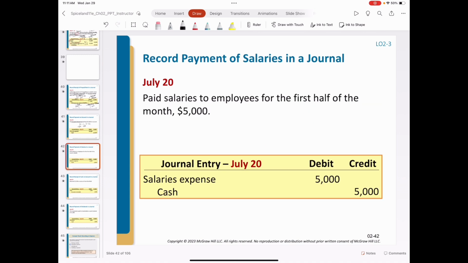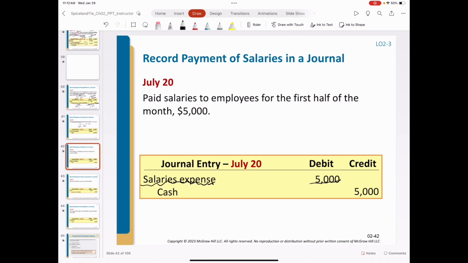Pay salary to employees for the first half of the month. So the first half of the month, we can think it starts from July 1st to July 15 or 16. So this salary expense has been incurred because the employee has provided their labor. So we should recognize the salary expense. So we debit expense $5,000.